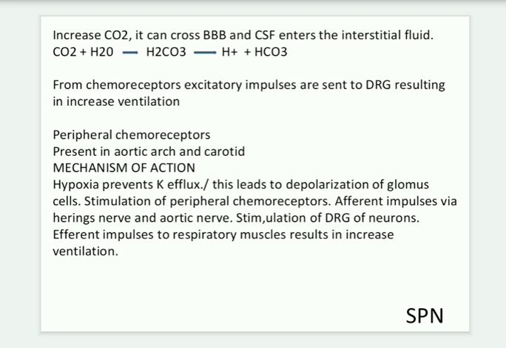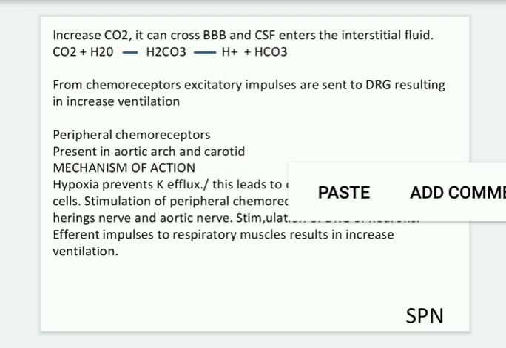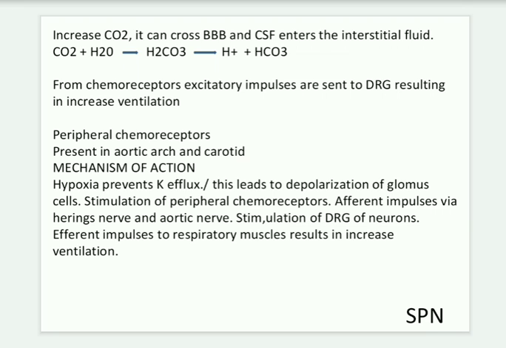Your H plus ions stimulate the central chemoreceptors. From these chemoreceptors, impulses are sent to the DRG, so that the DRG increases the rate and force, that is the ventilation.